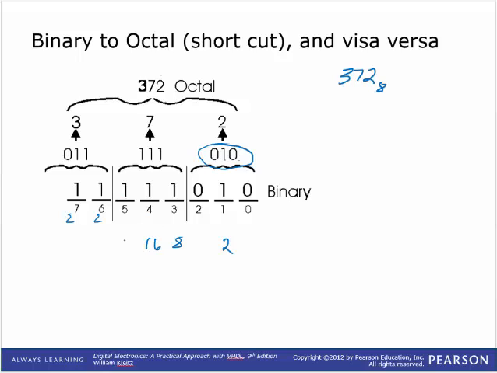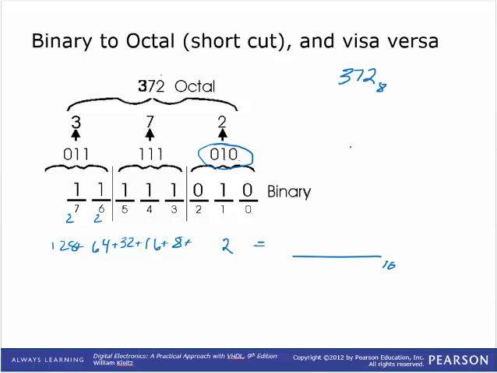I have a 16. I have a 32. I do have a 64. And I have a 128. I add these numbers all up, and I will get whatever the number is in base 10. So you can go either way, vice versa.